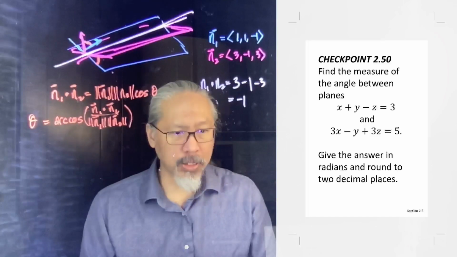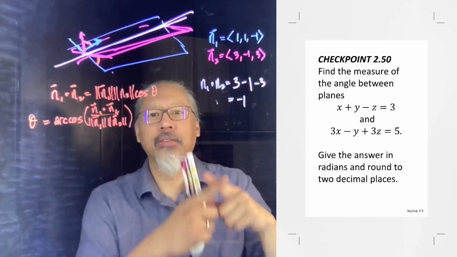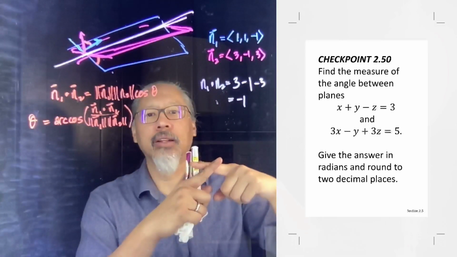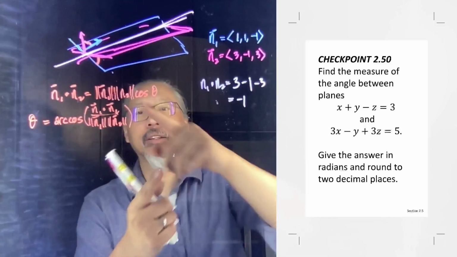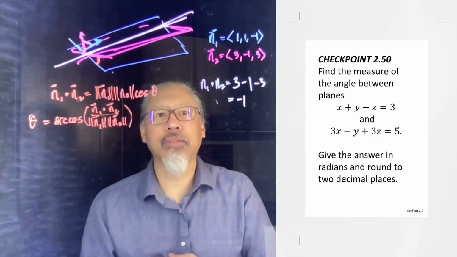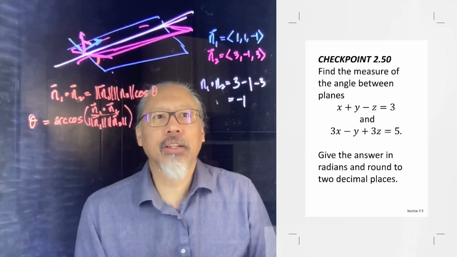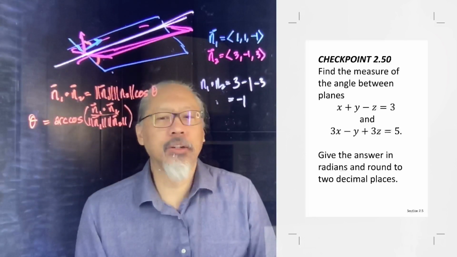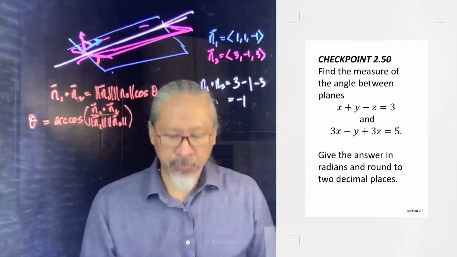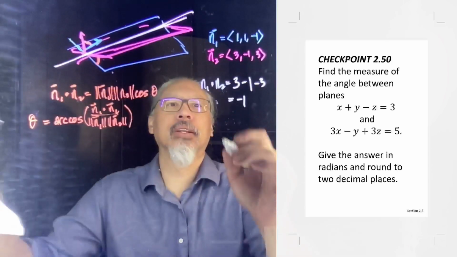And if you have two planes that are intersecting and you have an obtuse angle, then that's not the smallest angle between them. So we have to subtract it from 180 degrees, or pi.